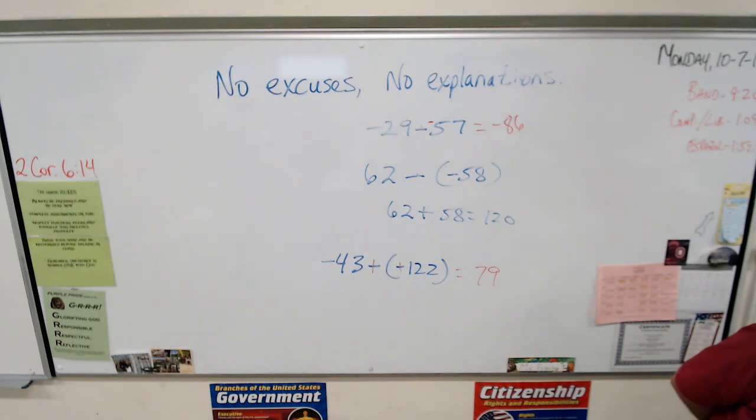Number 25, negative 192. Number 26, negative 60. Got these memorized? Number 27, negative 140. And 28, 84. Anybody need me to say those again?